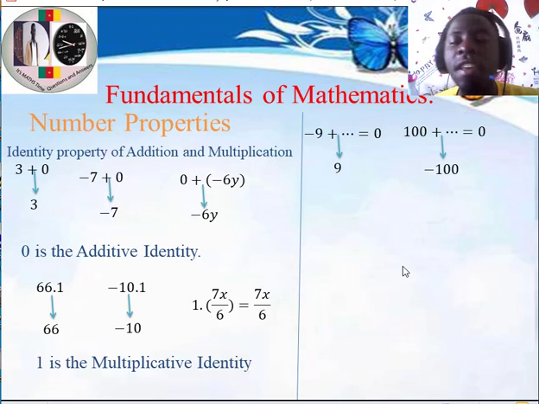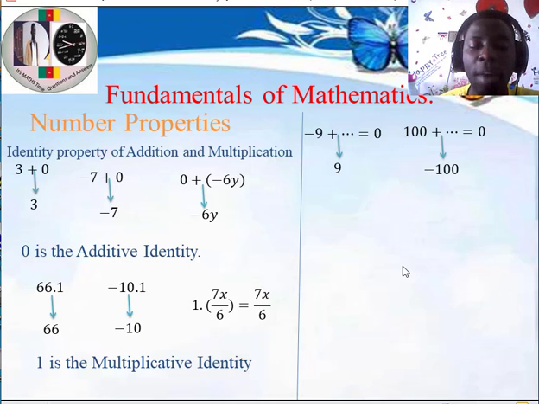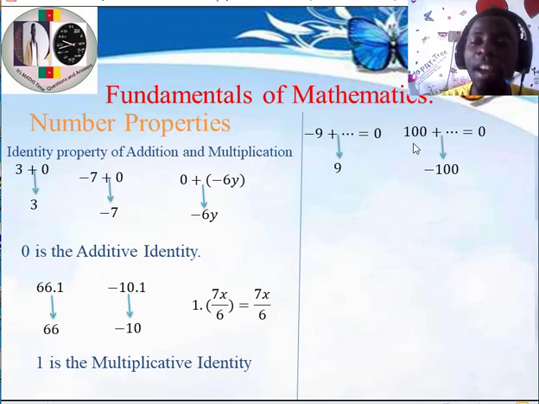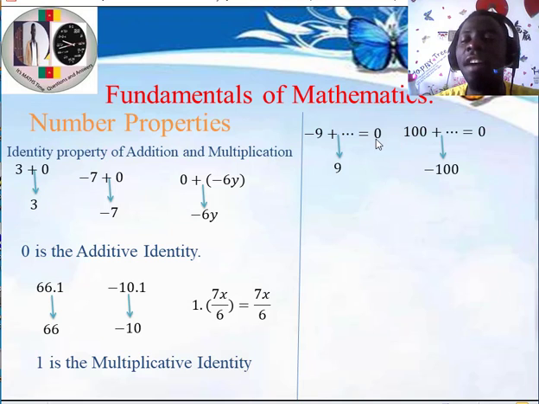Now, in all of these cases, we have seen that the number is the opposite of the given number, meaning 9 is the opposite of minus 9, and minus 100 is the opposite of 100, right? It's just the change of sign. So in this case, we call the opposite of a number its inverse, and if we add the inverse of a number to the number, it is going to give us 0. And from this example of identity, we know that 0 is the additive identity of any number.